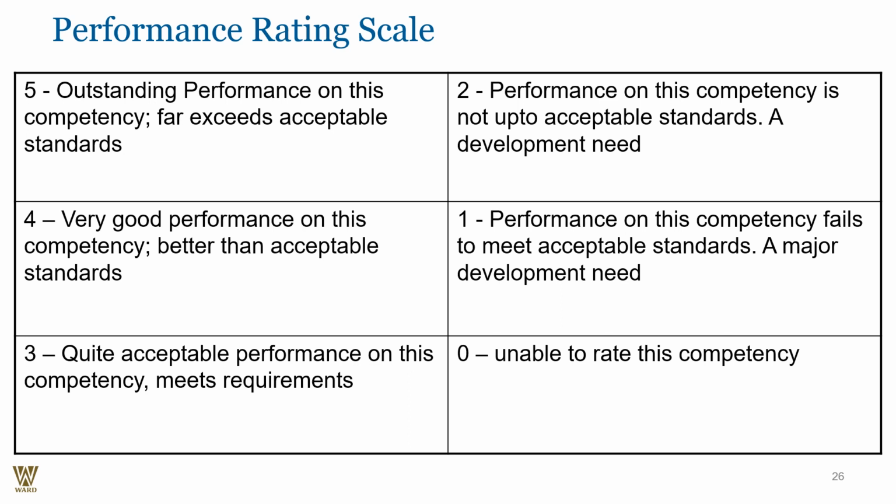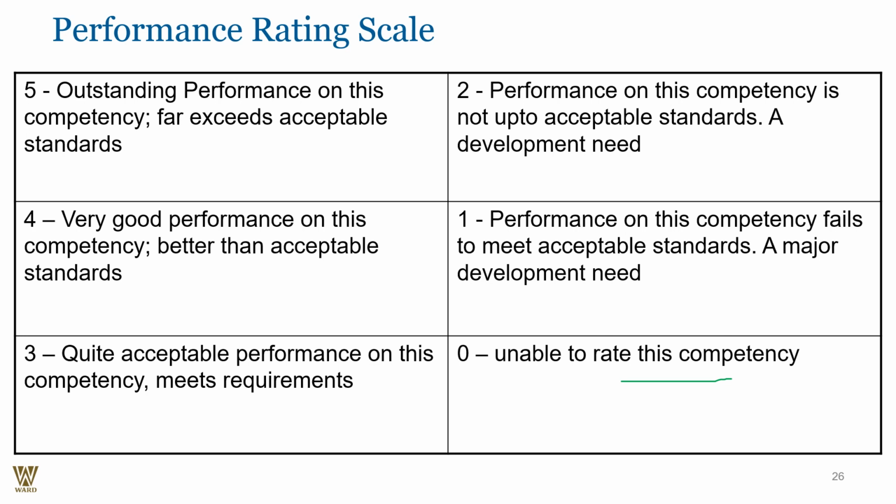Now, performance rating skills, why do we use them? On the scale of 0 to 5, 0 is unable to compete in the first place. Performance of the competency fails is number one, failing to meet the acceptable standard. Number two is not up to the acceptable standard, probably to a certain degree, but not up to it.